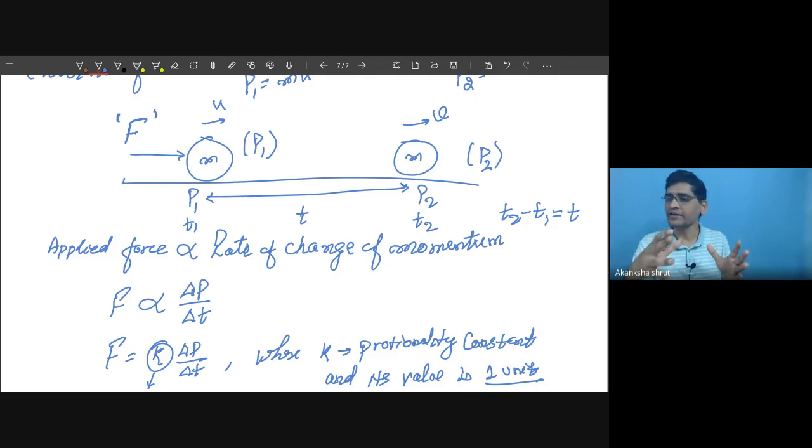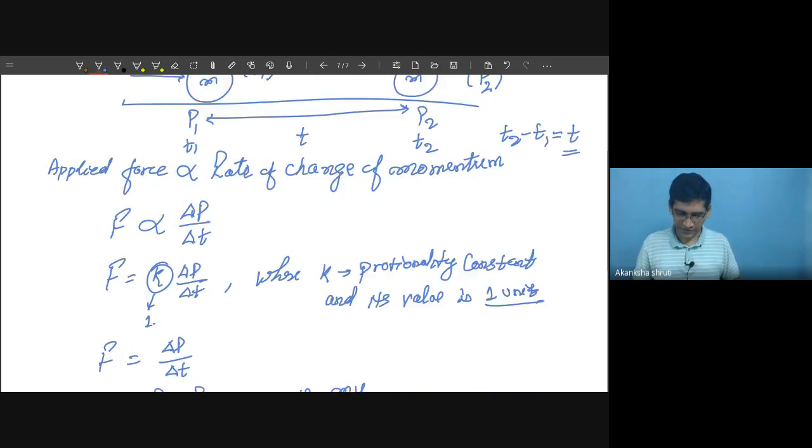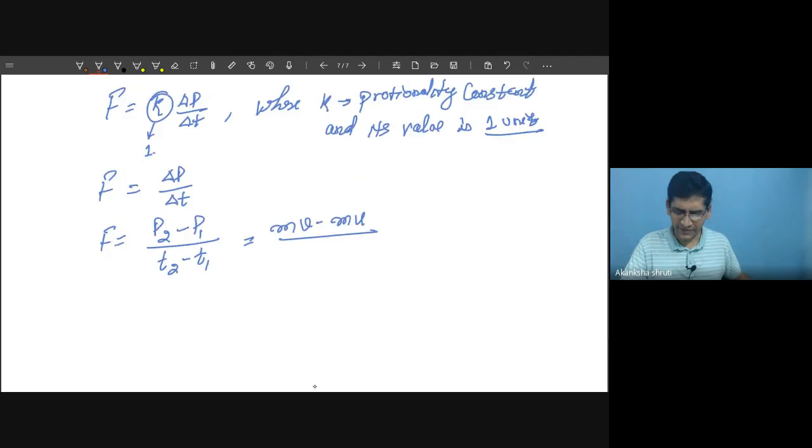The time interval is 3 minus 1, which is 2 hours. So that 2 hours denotes this T. So T2 minus T1 can be replaced by T itself. Now taking M as common, this is again V minus U by T, and V minus U by T can be replaced by A.